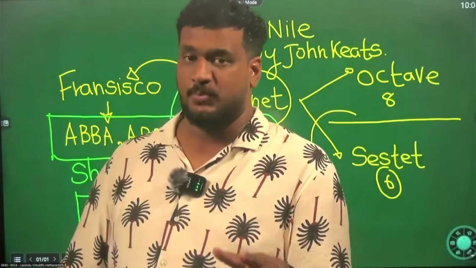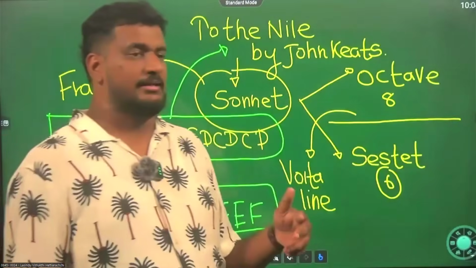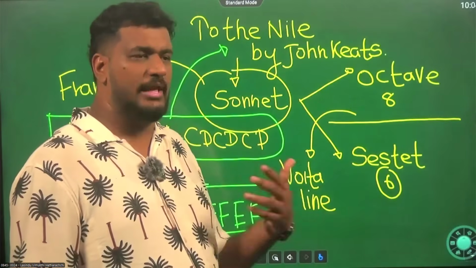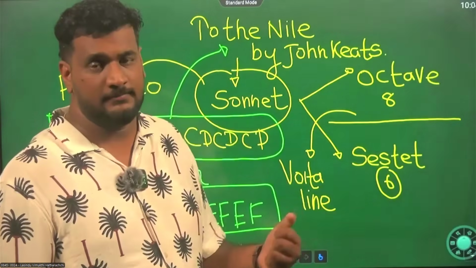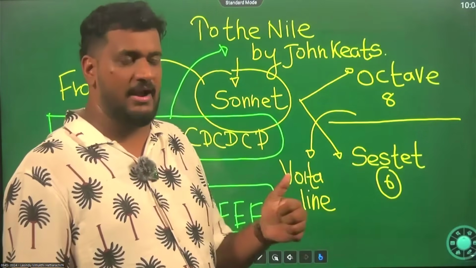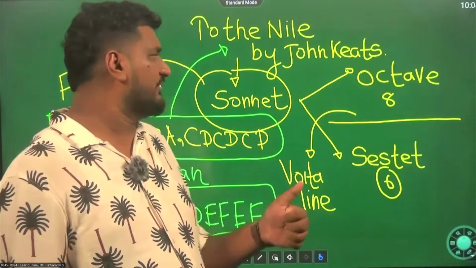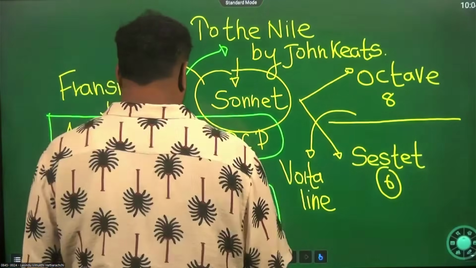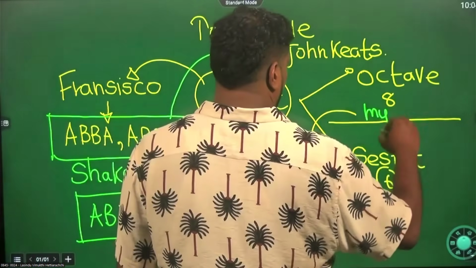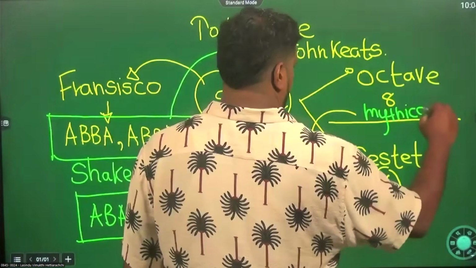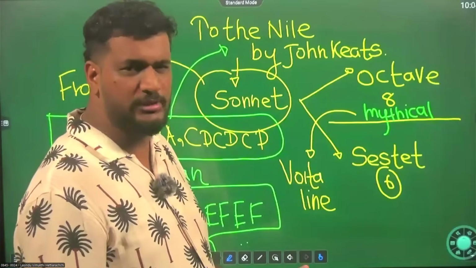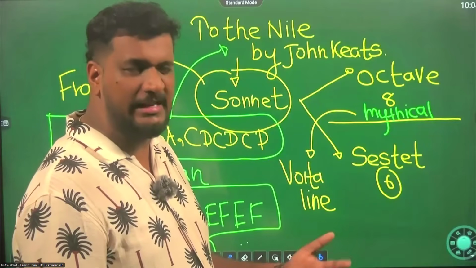Because when you refer to this poem, you know that John Keats tries to explain the beauty of the river Nile. And the river Nile is appreciated in two forms. Number one, the mythical, mystical beauty of the Nile is given in the octave part. Those aspects are not true, they are not real. They are mythical and mystical.